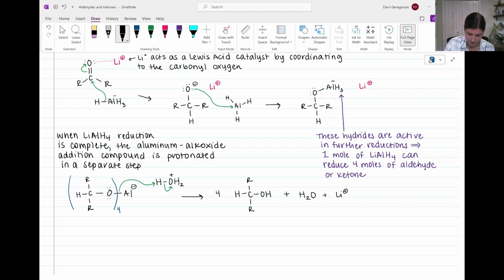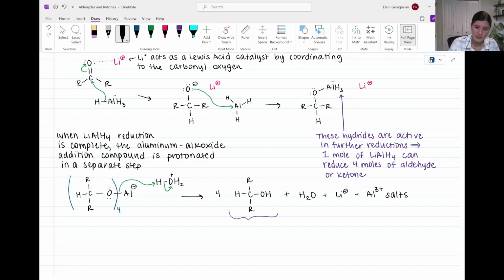We have lithium, and then we also form aluminum salts. The main product that we're worried about and concerned about in this reaction is this alcohol. So remember, if we have an aldehyde or ketone, we use reducing agents, we form an alcohol product.